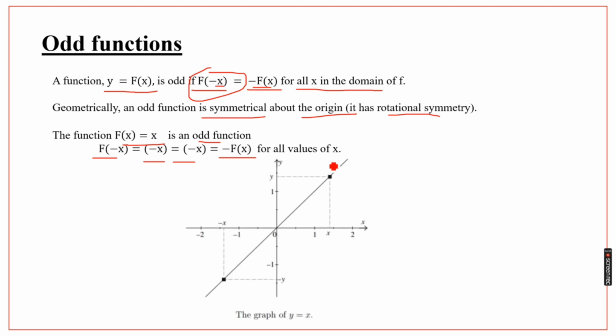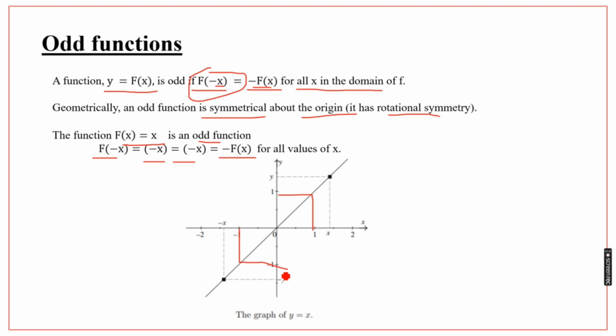The graph of this function looks like this. When we take 1, it is 1, and for -1 it is -1. So there is a difference in output for different values of x. So this function is called an odd function.